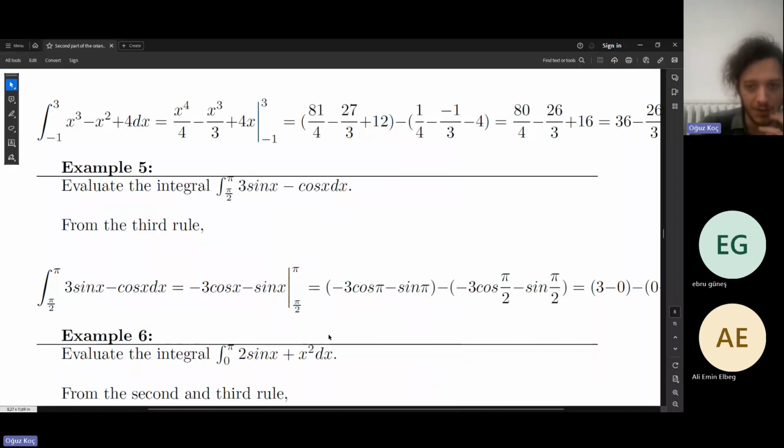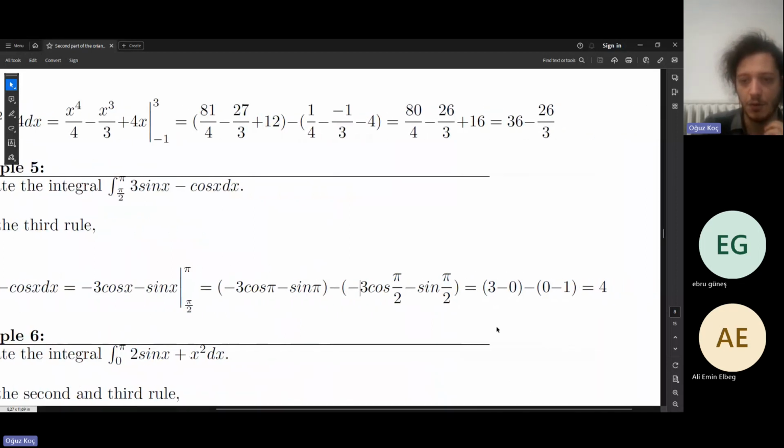When you put those values into the trigonometric functions, it comes cos pi and sin pi, and for the lower limit, we have pi over 2, and from trigonometry courses, cos pi is equal to minus 1. Therefore, it comes positive 3, and then we have sin pi here, which is equal to 0, therefore it's minus 0.